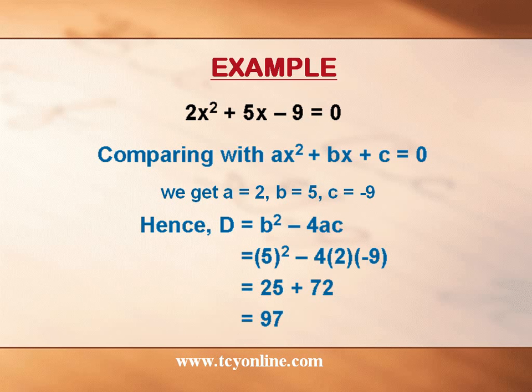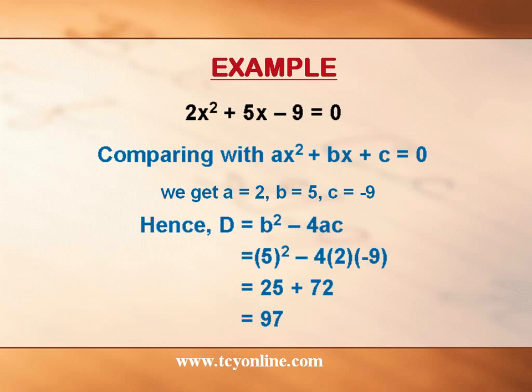Now let's see another example, that is 2x squared plus 5x minus 9 equals 0. You need to find the discriminant of this. Now let's compare this to a general equation ax squared plus bx plus c equals 0. On comparing, we get a equals 2, b equals 5 and c equals negative 9.